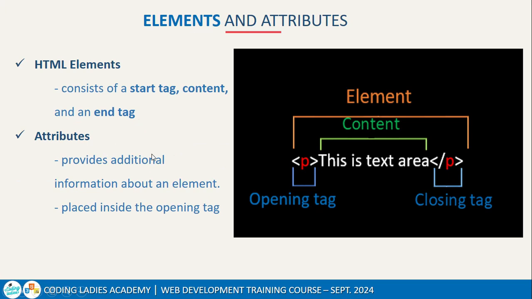The opening tag is created using the less than sign, then the tag name, then the greater than sign. The closing tag has a less than sign, a forward slash, the tag name p, and the greater than sign.